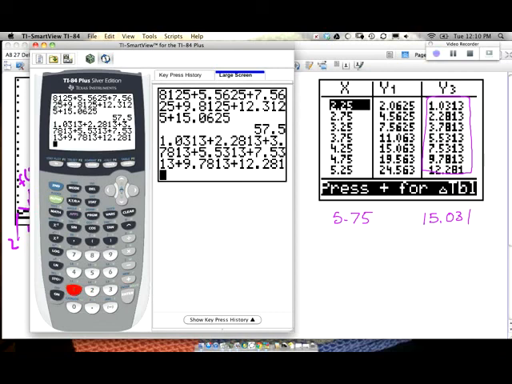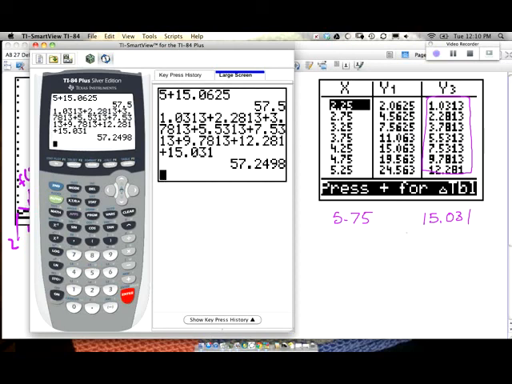And the last one is 15.031. So we add all those numbers up and we get 57.2498.